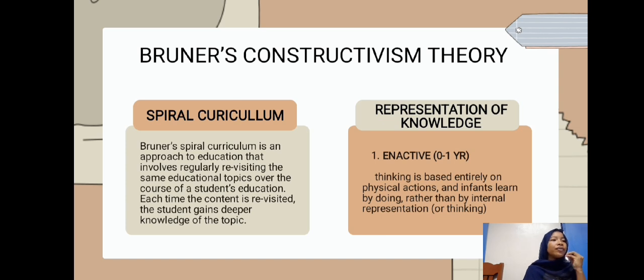Next naman, we have here the representation of knowledge. As I said a while ago, representation of knowledge has three: the enactive, iconic, and symbolic. Enactive is 0 to 1 year old, which says that thinking is based entirely on physical actions, and infants learn by doing.